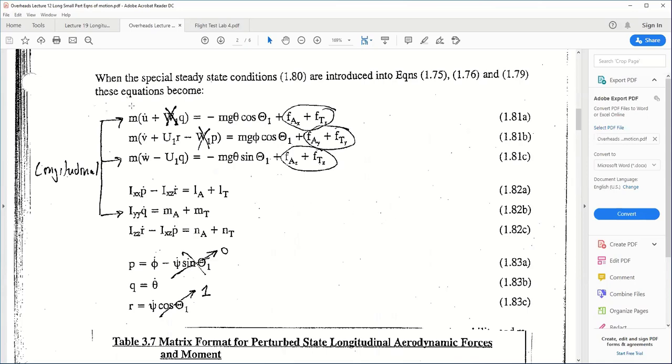I'm going to do this equation here. So follow the process, take good notes, because in the homework, you're going to do the next two. So this is the starting point. In the homework, it says start with these equations.